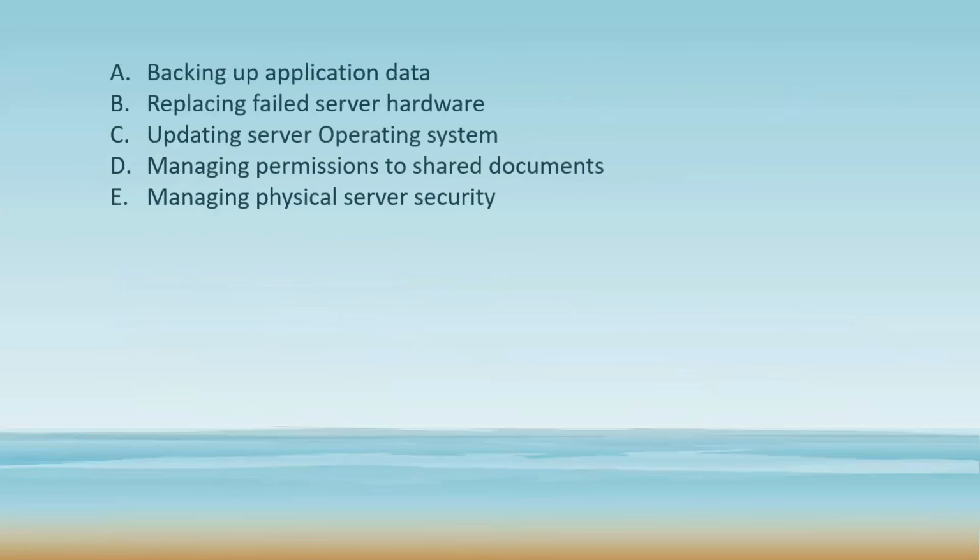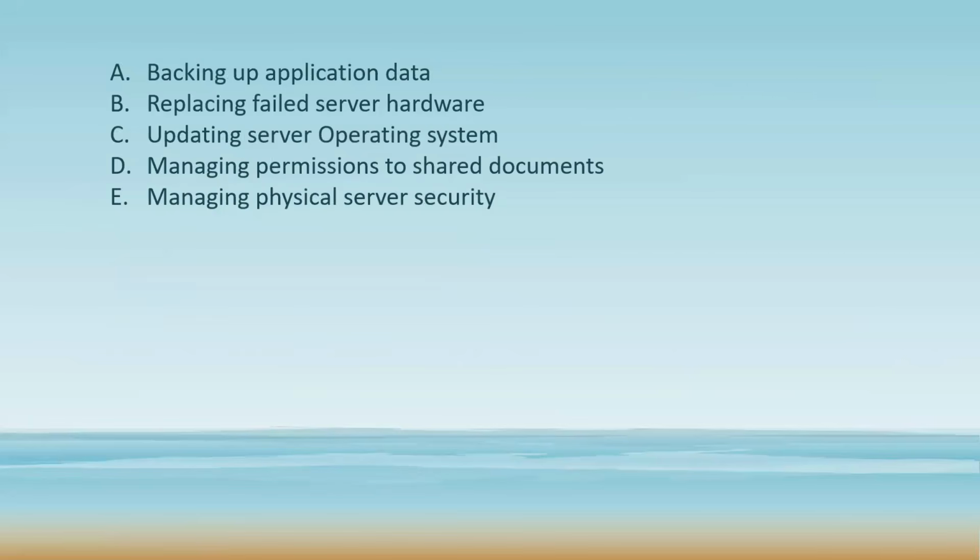Your options are backing up application data, replacing failed server hardware, updating server operating system, managing permissions to share documents, managing physical server security. When you move to Azure, you basically move into a shared responsibility model.